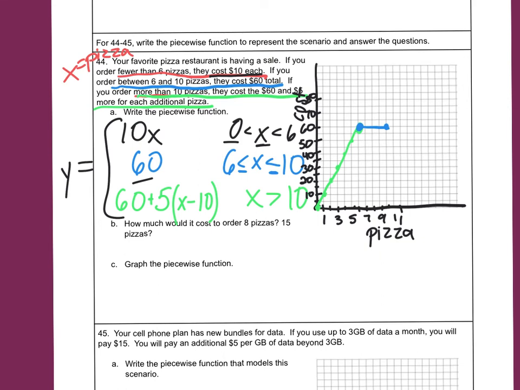Well, let's simplify this real quick. So 60 plus 5x minus 50 is just going to be 5x plus 10, okay? So my interval there would be 10. I know I'm going to end up erasing that, but I would go up 5 over 1, up 5 over 1.